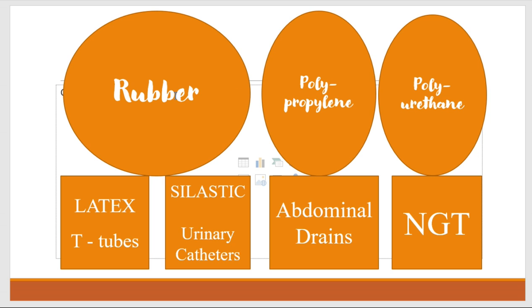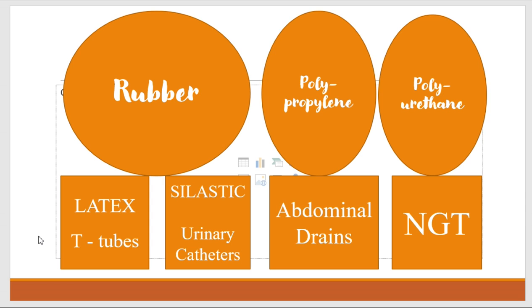Now in rubber, we again have two varieties. The first one is latex rubber and the second one is silastic rubber, right? Rubber: latex, silastic. The example of latex rubber is the various T-tubes. The T-tubes are usually used in surgery of the hepatobiliary region, especially the right or left hepatic ducts or common bile duct.